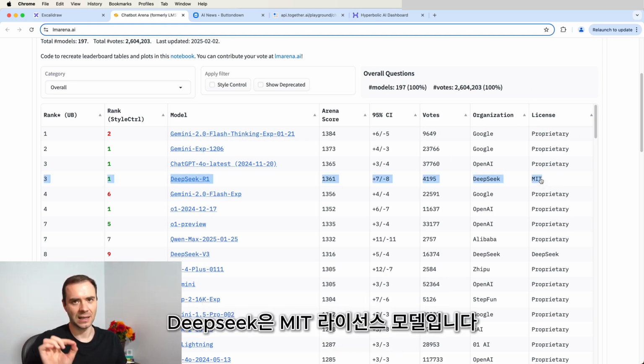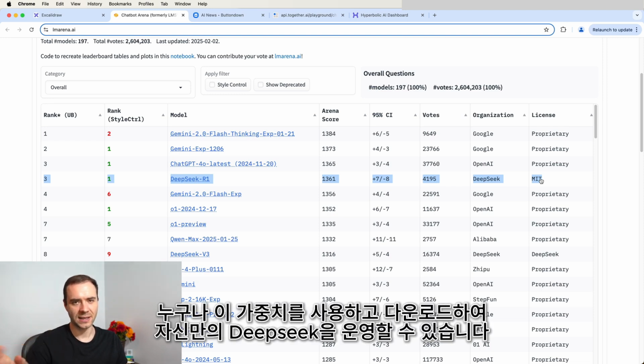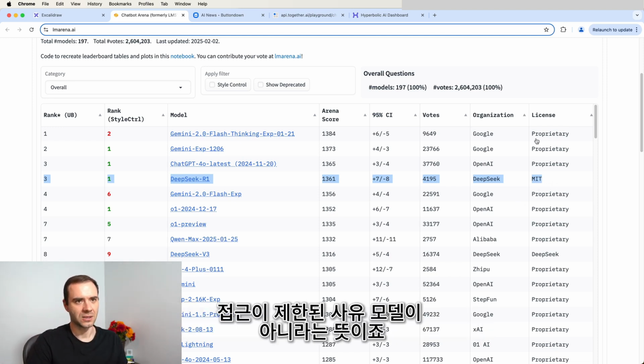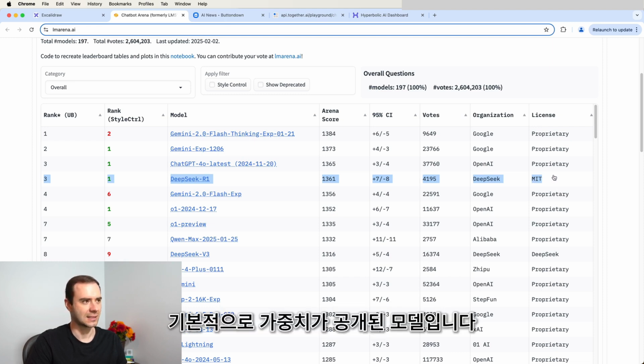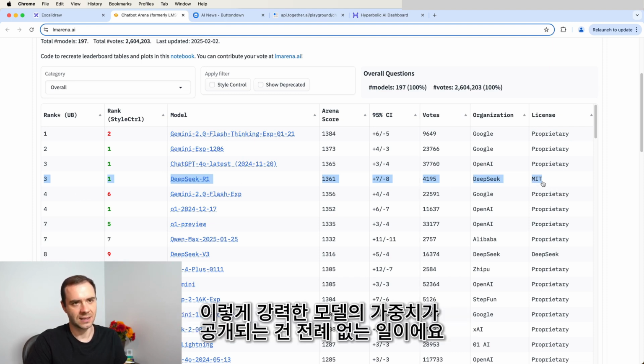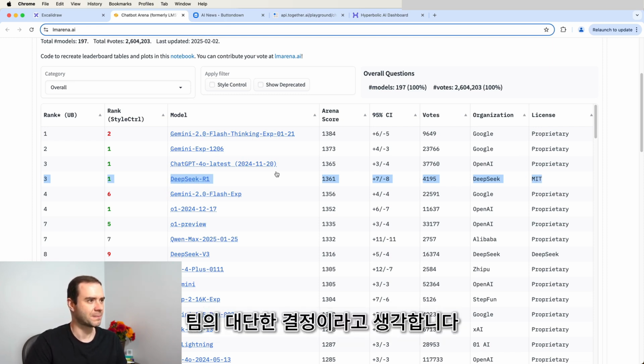DeepSeek is an MIT licensed model. It's open weights. Anyone can use these weights. Anyone can download them. Anyone can host their own version of DeepSeek, and they can use it in whatever way they like. So it's not a proprietary model that you don't have access to. It's basically an open weights release. And so this is kind of unprecedented, that a model this strong was released with open weights. So pretty cool from the team.